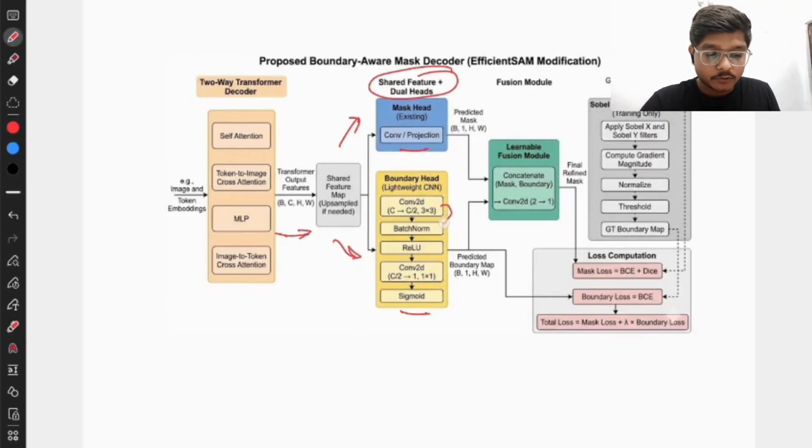It's convolution, then batch norm, then ReLU, then convolution, and then a sigmoid activation function. So this is a dedicated boundary map. After this, we have used Sobel driven supervision. During training, we used a Sobel filtering process, applying X and Y kernels to derive the ground truth boundaries directly from the mask. This provides the target signal that teaches the boundary head exactly where the edge lies in our images.